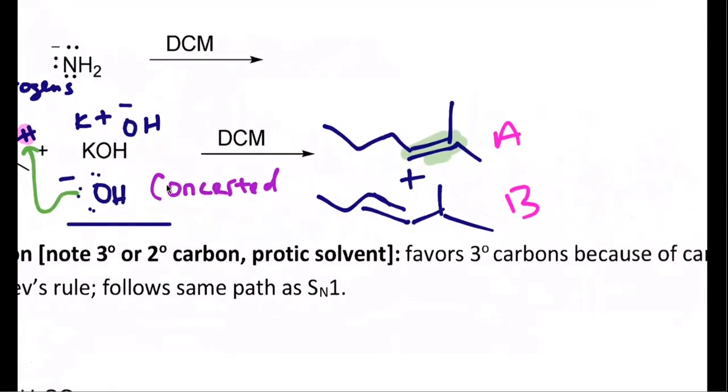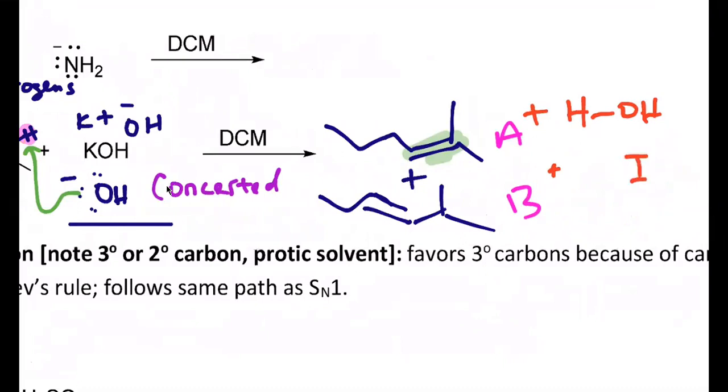So let me show you over here. So you're going to get water. I'm going to write it out as HOH. And the iodine leaves, so it's here and it's floating and it's negative. So that's where potassium is going. Are y'all following that?